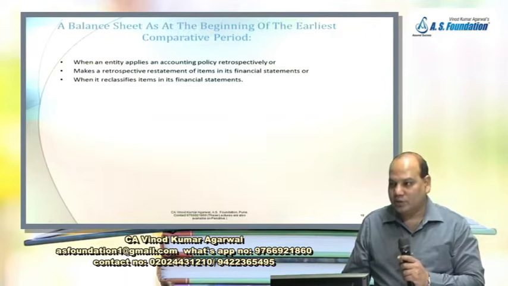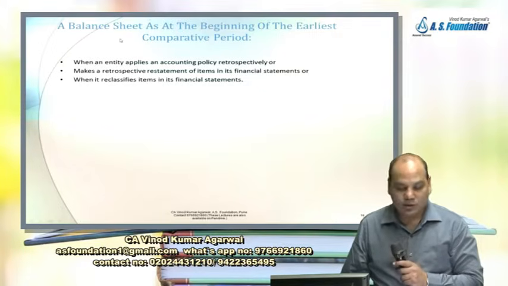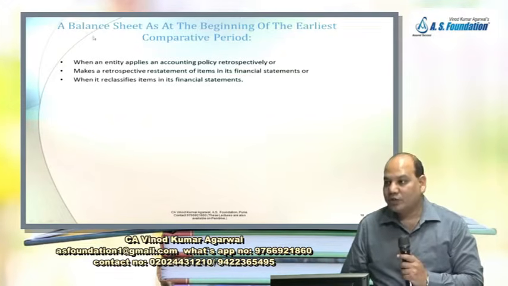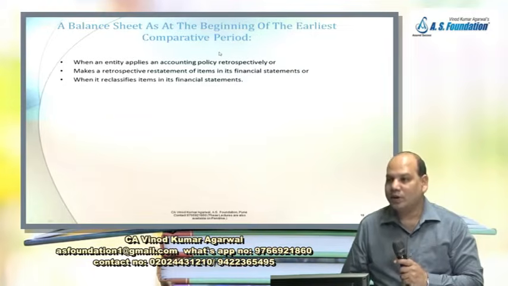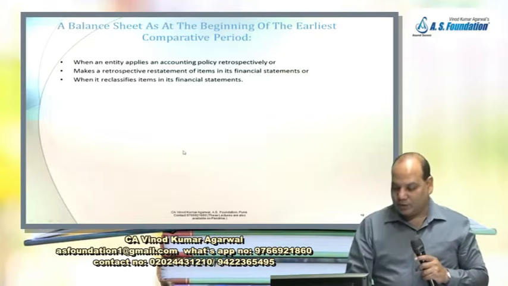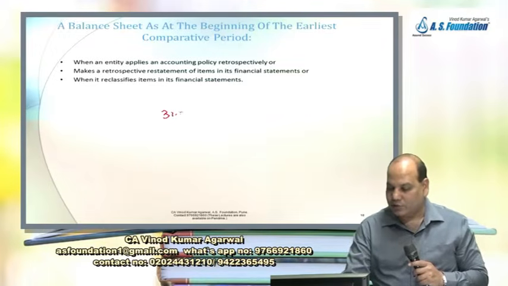And some companies may be required, not all, some companies may be required to give a third statement of financial position. A third statement of financial position at the beginning of the earliest comparative period. So in addition to the two statements, for example, suppose my year ending date is 31st March 2020.